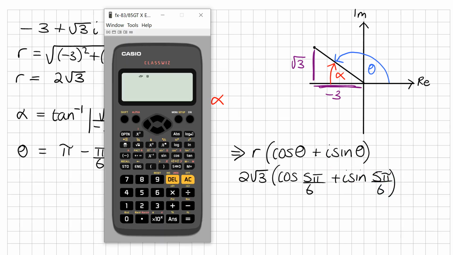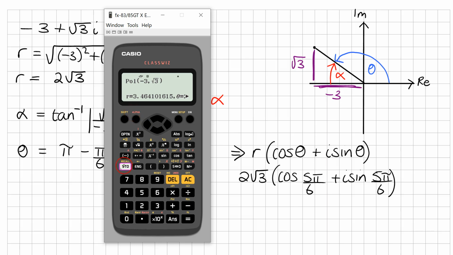Okay, so let's see what our calculator yields for this. So again, we go shift pol for polar, put in our minus 3, comma, root 3, close my bracket and press equals. Okay, so now as you can see, we have both our answers here, and neither of them look too pleasant. Now remember what I said? That when the calculator has two answers, it stores the first answer in x and it stores the second answer in y.